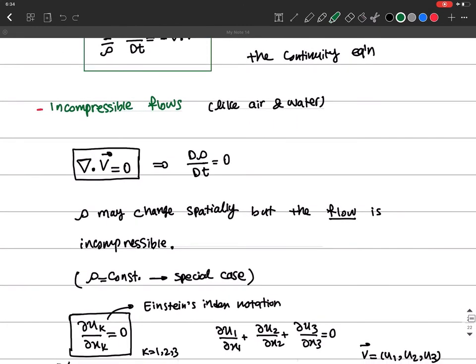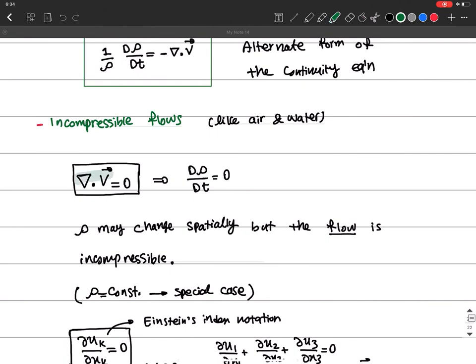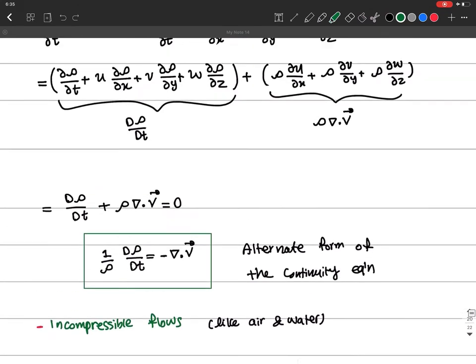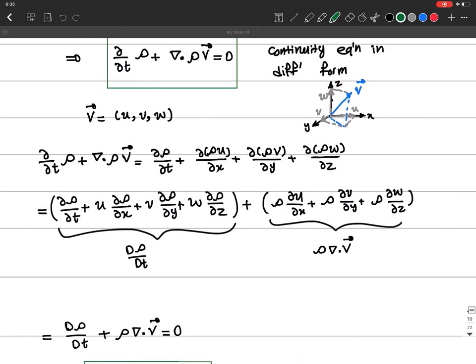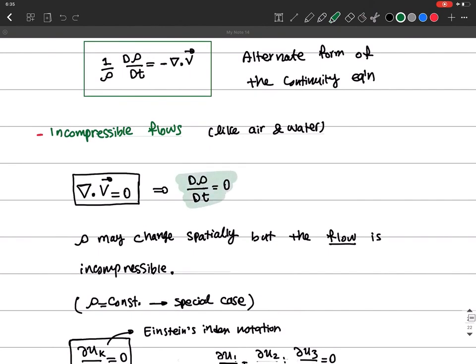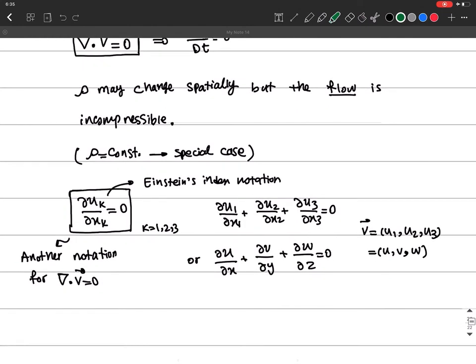And then we defined incompressible flows, which is defined as this: when the divergence of the velocity, grad dot v, equals 0, that is the definition of incompressible flows. And rho constant is just a special case of incompressible flows. But rho may change spatially, and the flow could still be incompressible. Again, what we really care about is that d rho over dt should be 0 to define incompressible flows.